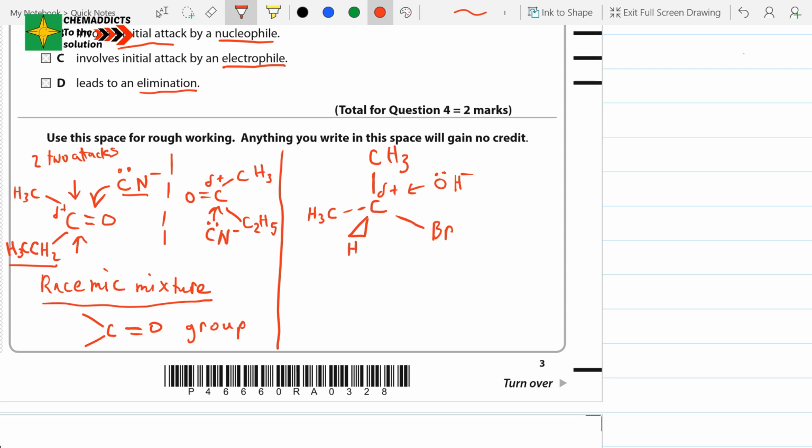There is space above and below this carbon atom with equal probability. Okay, so that is the reason.